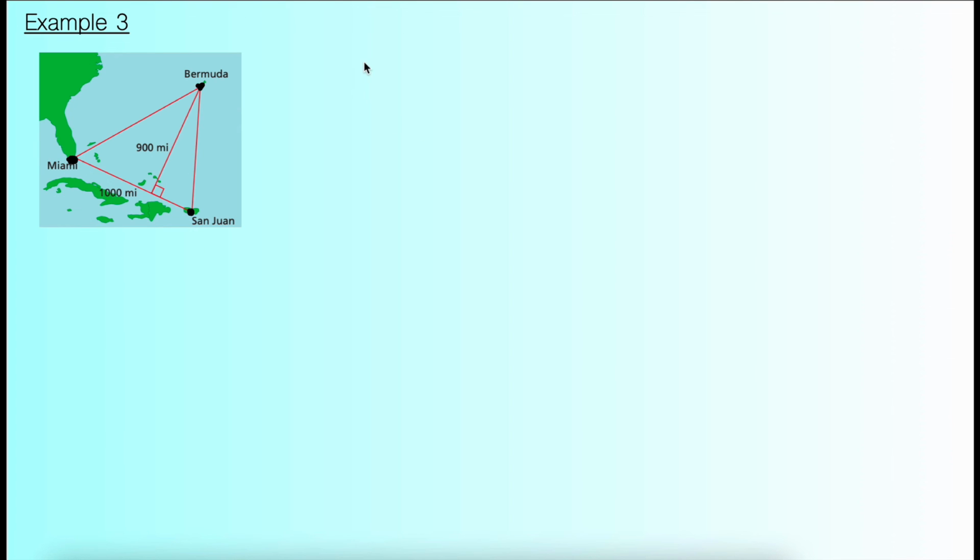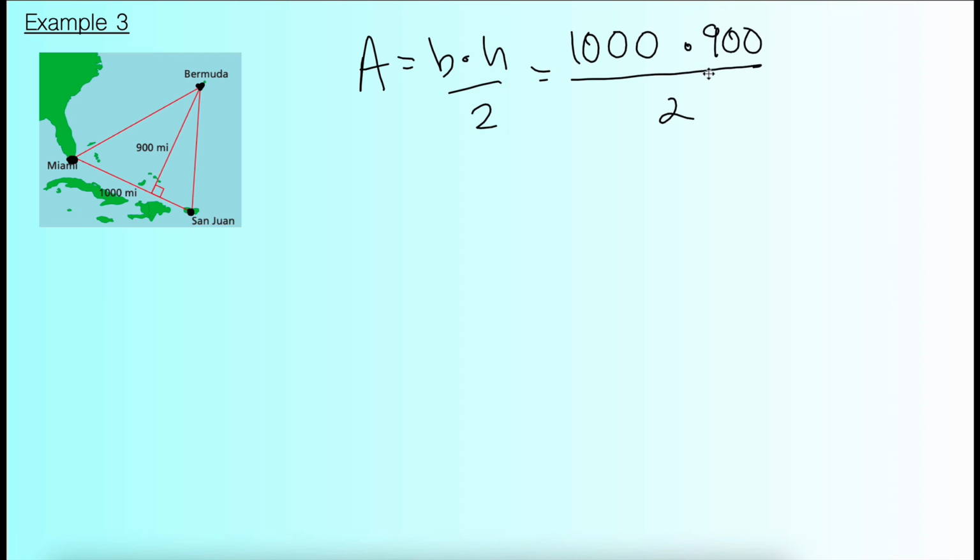So I got area equals base times height divided by 2. So the base is 1,000 miles, and that's the distance from Miami to San Juan. The height is the straight distance from the base all the way up to the tippy top of the triangle, which in this case happens to be Bermuda. So that's 900 miles. And it's that whole product divided by 2.